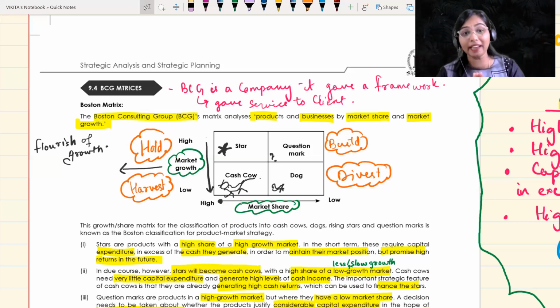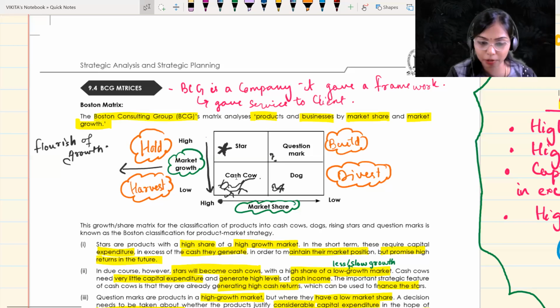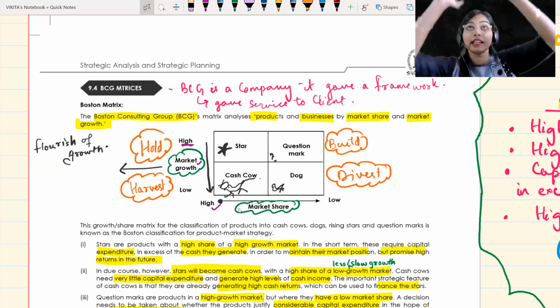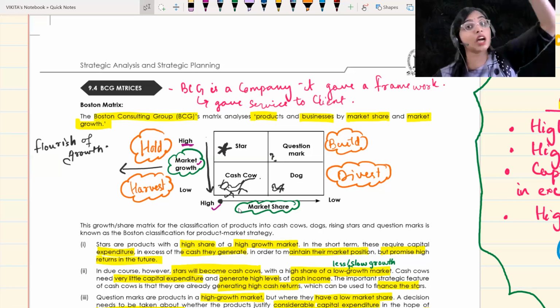Got it? Now, when a particular product has a high market growth and a high market share, both ways it is in the highest position, it is in a star position.